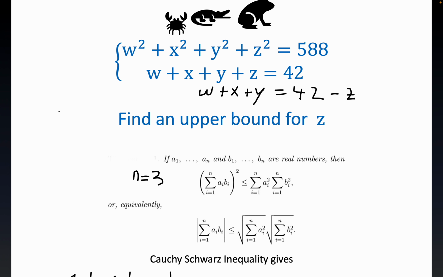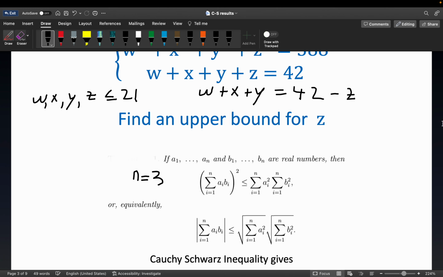So what we really have learned here is that w, x, y, and z are all less than or equal to 21. And folks, again, the way I worded this, perhaps it's suspicious.